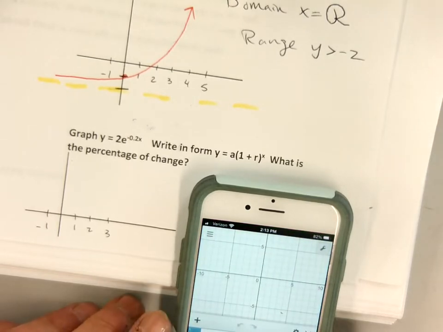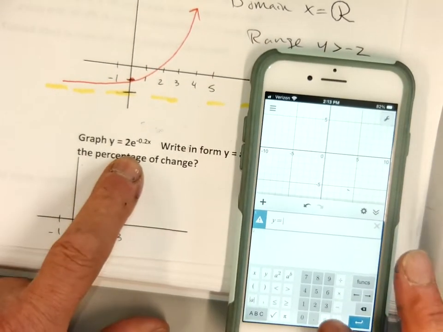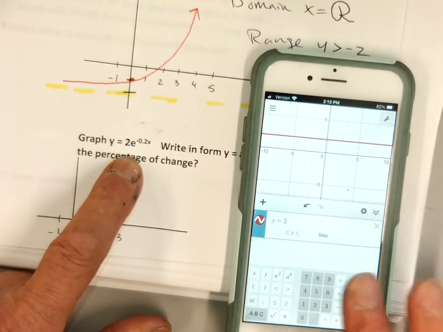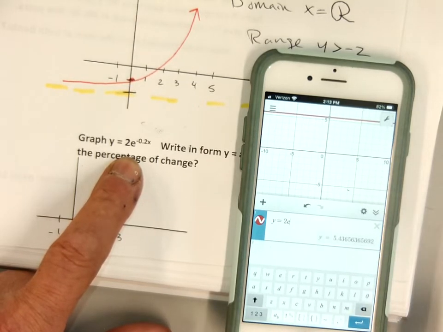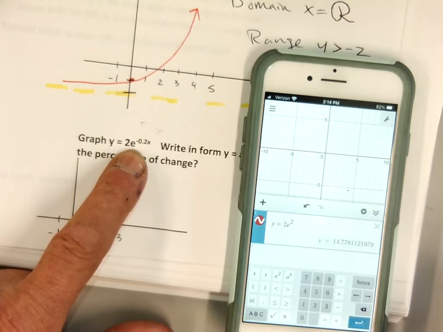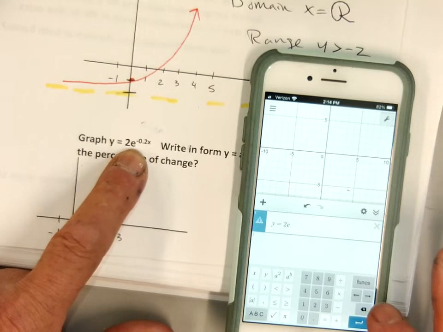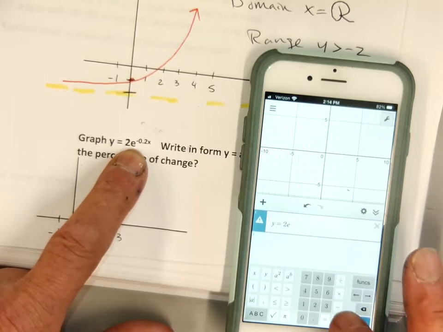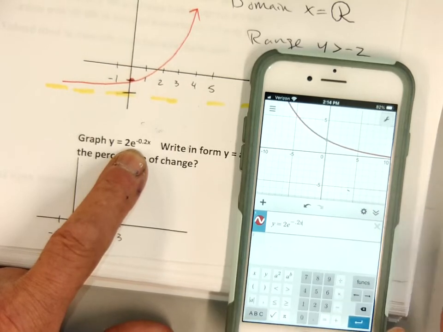And I'm going to go y equals 2, and you have an e in here somewhere. There's my e. Do you see where I found my e in Desmos? To the power of -0.2x.